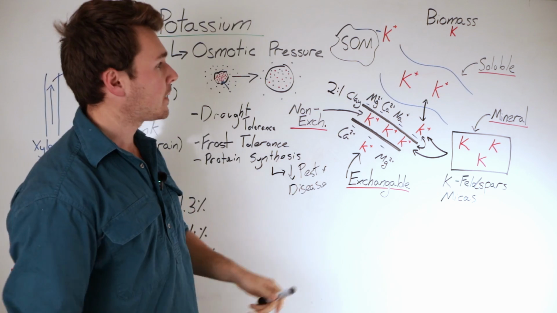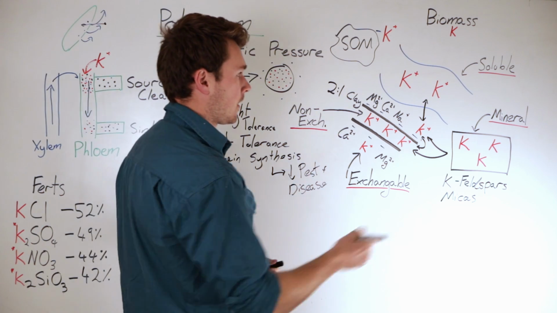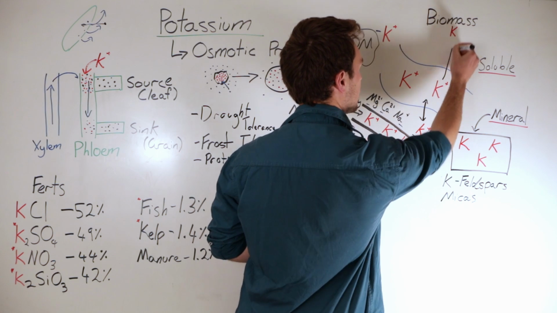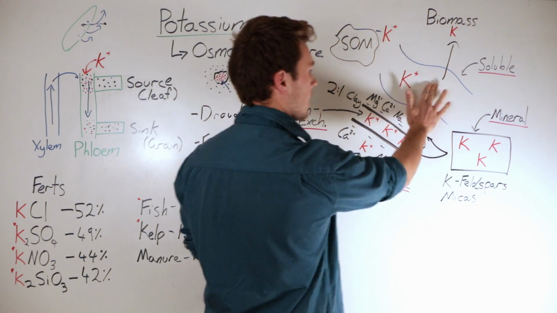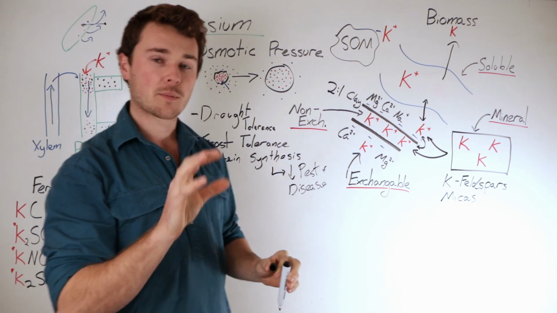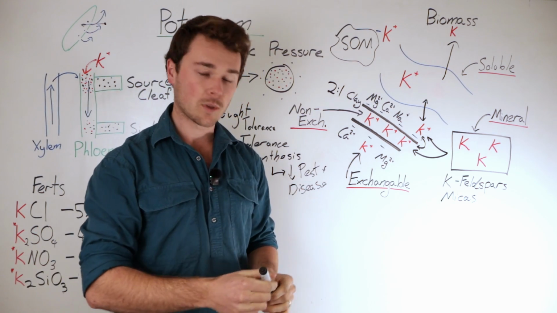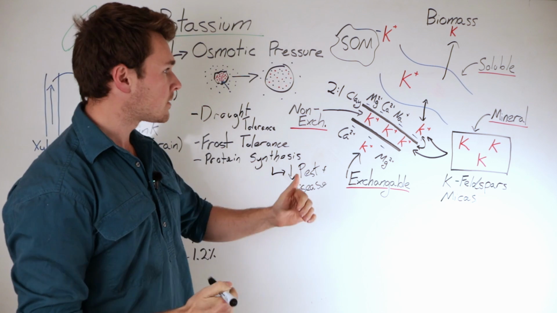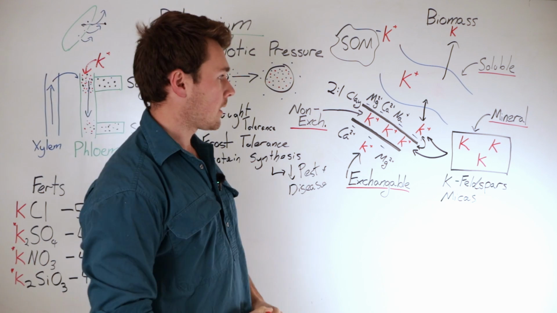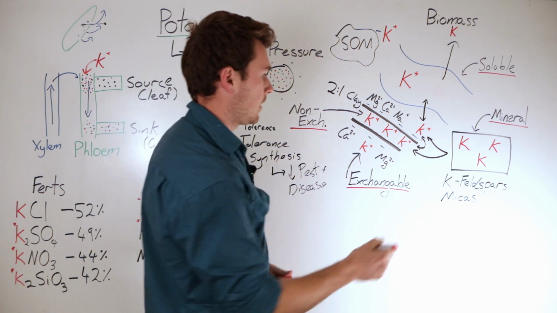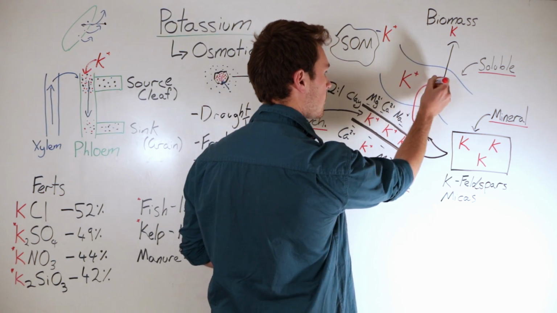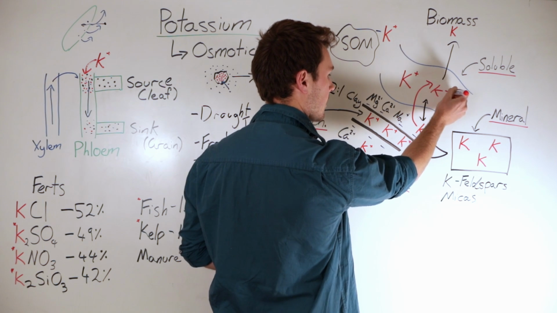So when a plant takes up potassium, this potassium here goes into biomass, and so we lose that out of the solution. Now, the soil likes to maintain a certain amount of potassium in the solution. It's what's called equilibrium. It maintains a certain balance. So what happens is the potassium on the exchangeable sites in the clay, this one here, will then go to fill this gap there.